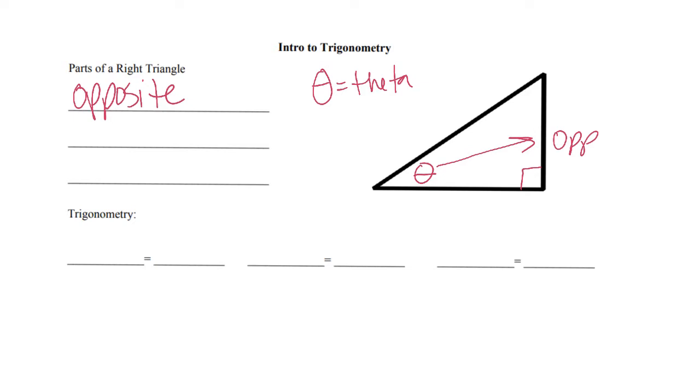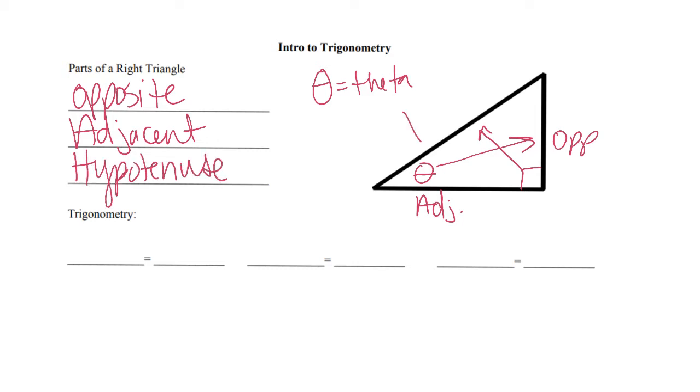Then we have the side that is touching that angle and touching the right angle, and that is going to be the adjacent. And then we also have the hypotenuse, which we talked about before, and it's always the side across from the right angle. You can label those O, A, and H.